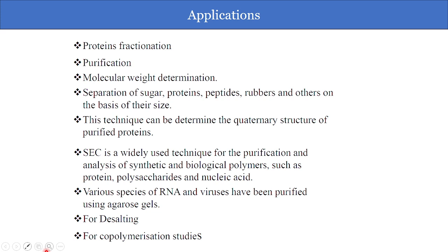Why copolymerization? For example, if you want to study a protein-protein interaction, and the two proteins interact very well in a good affinity range, then what will happen? You do the experiment with the single proteins, like you have protein A and protein B. First you do the experiment with protein A and protein B separately, and then you add the two proteins together and inject it.